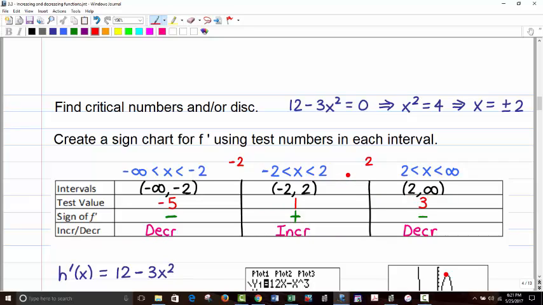Just like I said earlier, I'm going to use open intervals because infinity is open, and you can leave everything open, so let's not worry about it.